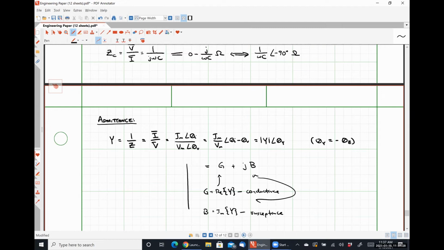And we can get the simple relationships that the magnitude of Y is the square root of G squared plus B squared.